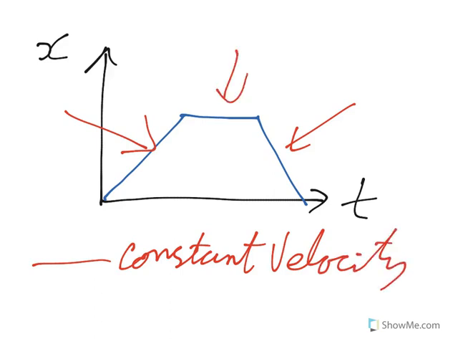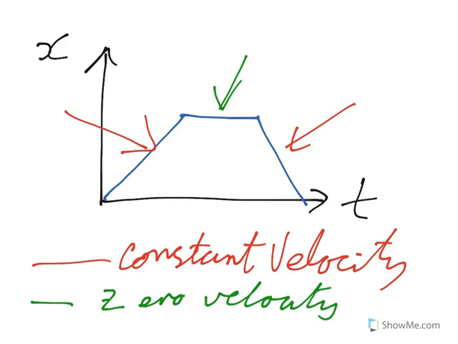This section here, the flat one, that's still constant velocity, but it's a bit more constant. Zero velocity is what that particular one there looks like, I should say.